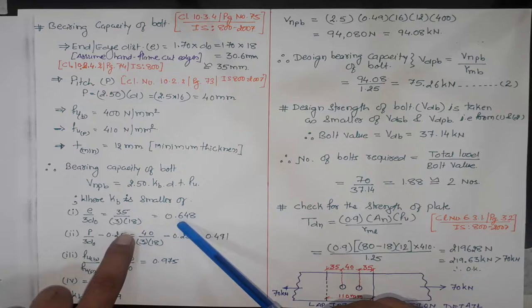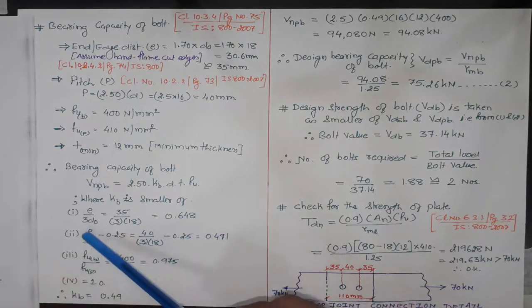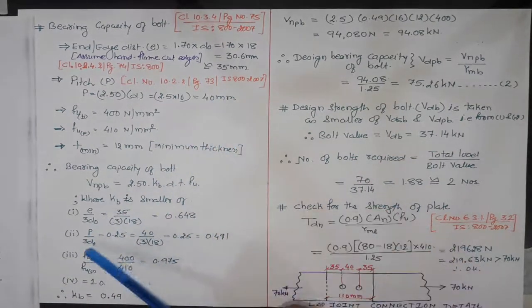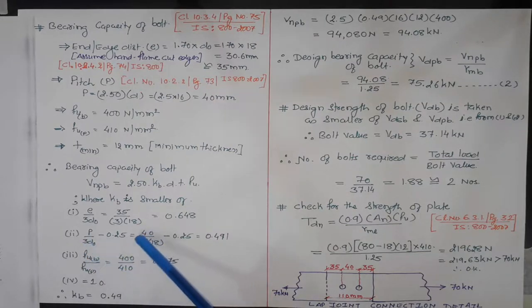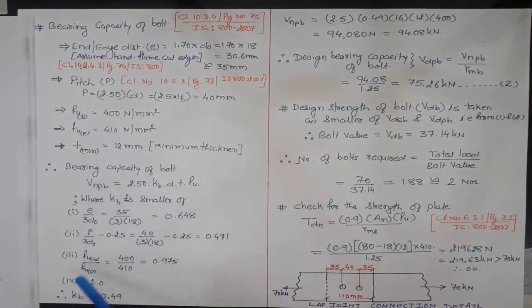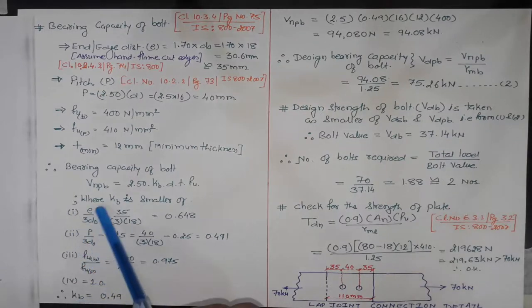That comes out to be 0.648. p is the pitch distance, that is 40 mm, so 40 divided by 3d0 minus 0.25 comes out to be 0.491. fub is 400 and fup is 410, which comes out to be 0.975, and 1.0. Out of these four values, the smallest is the kb value. Therefore, kb value will be equal to 0.49.